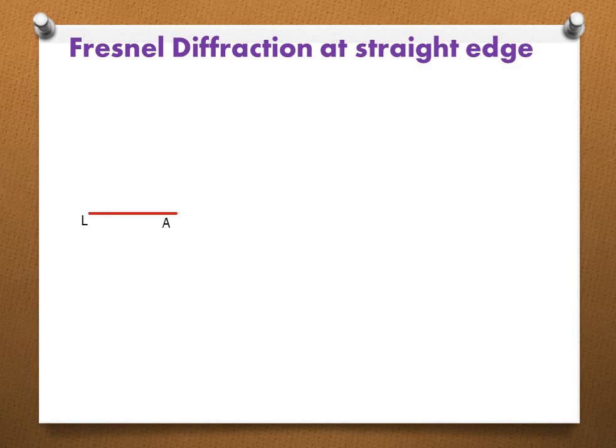Suppose the point A is the straight edge of this obstacle AL, and it is placed in front of a slit. You can think that the slit is perpendicular to this screen, and similarly this obstacle is perpendicular to this screen, so what we are seeing is just the projection.